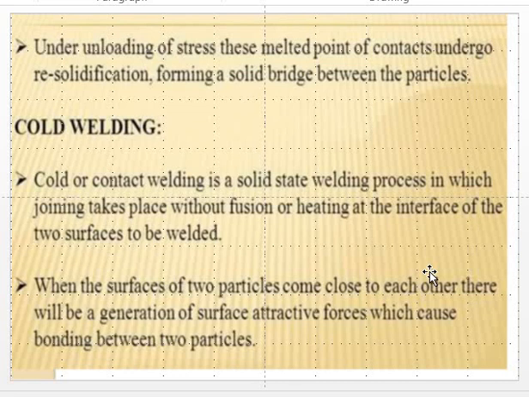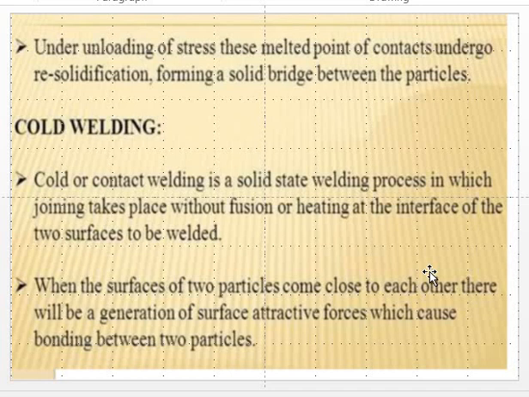Because we are applying pressure, and at the surfaces of the particles they try to melt because of the heat developed with the pressure. As some particles get melted, they try to fix to each other, and as we remove the pressure or the upper punch, the particles get solidified again. So that is called hot welding, or the joining of the particles.